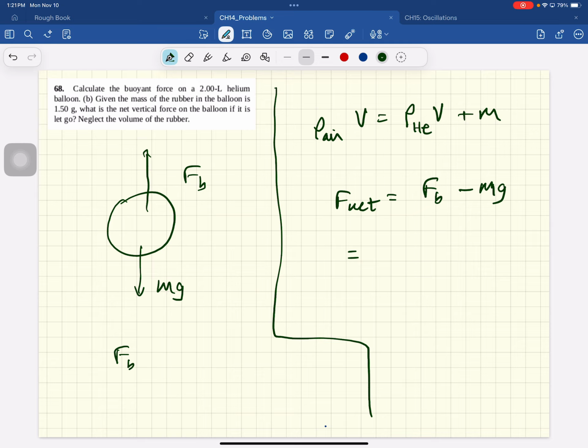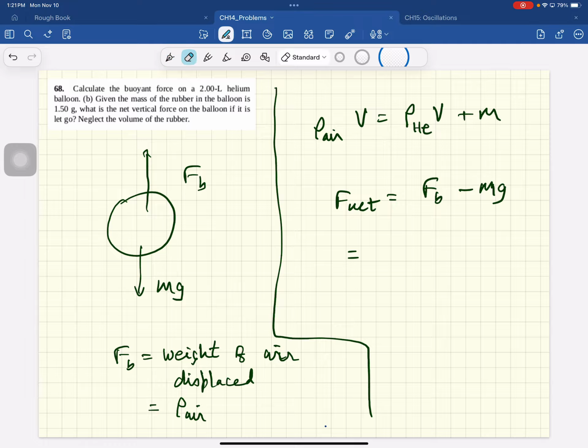So the buoyant force is the weight of air displaced. Okay, I'm sorry, that was not right what I did before. Weight of air displaced equal to rho air times volume times g.